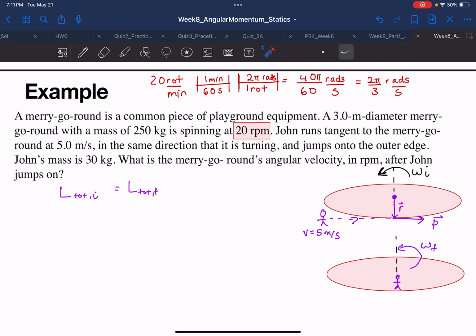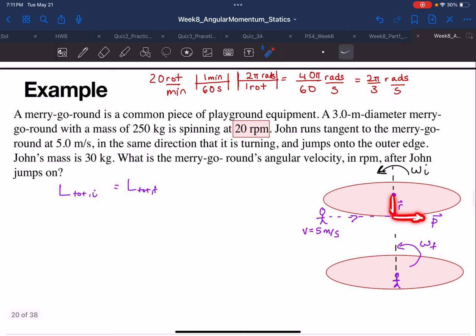When we do a cross product of two perpendicular vectors, we essentially get magnitude of R times magnitude of P times sine of 90 degrees. And sine of 90 degrees, as we've mentioned many times, is just 1. So the sine part just gives you a factor of 1.